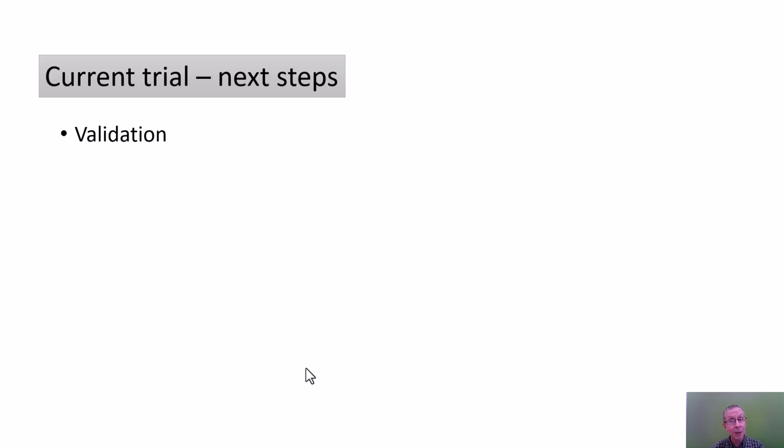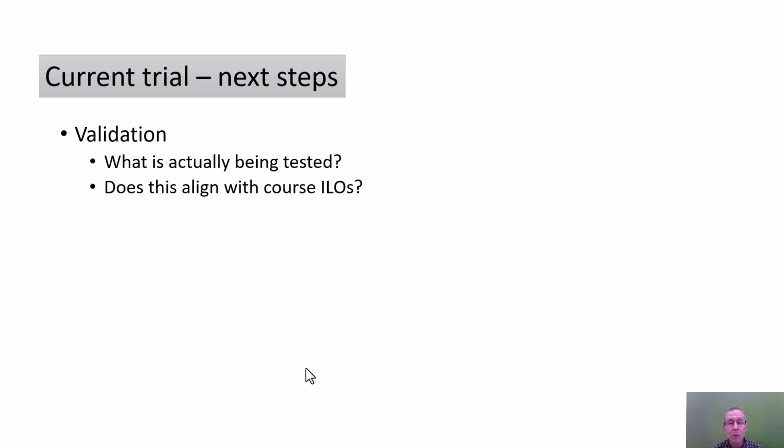We've just investigated what we could do without really thinking exactly what it is we want to be assessing. So this validation process will attempt to see what exactly is being tested and whether what we are testing aligns with the course that we are hoping to include this form of assessment in, and whether it aligns with the ILOs that have been set out for that particular course.